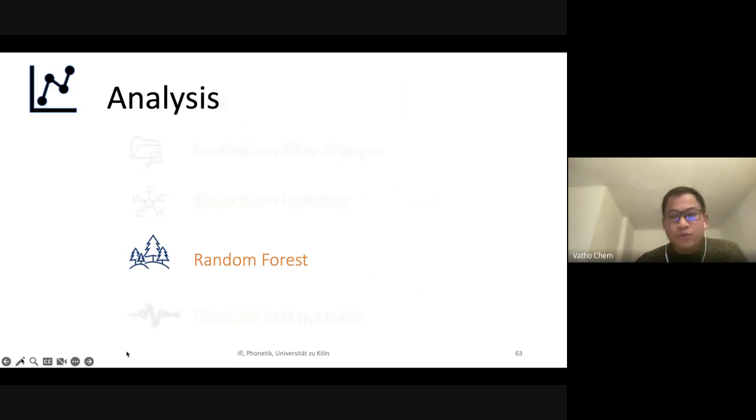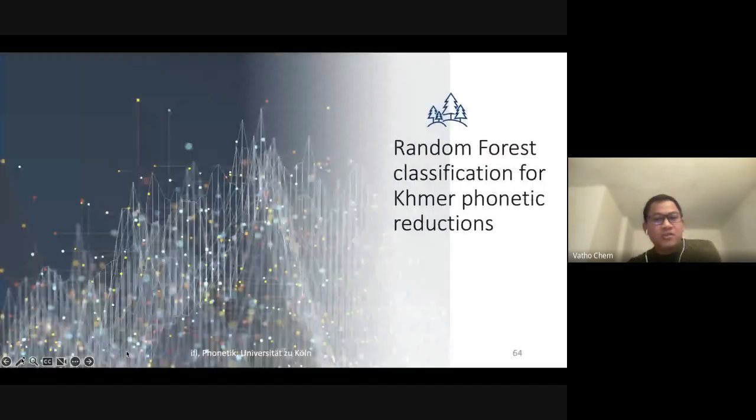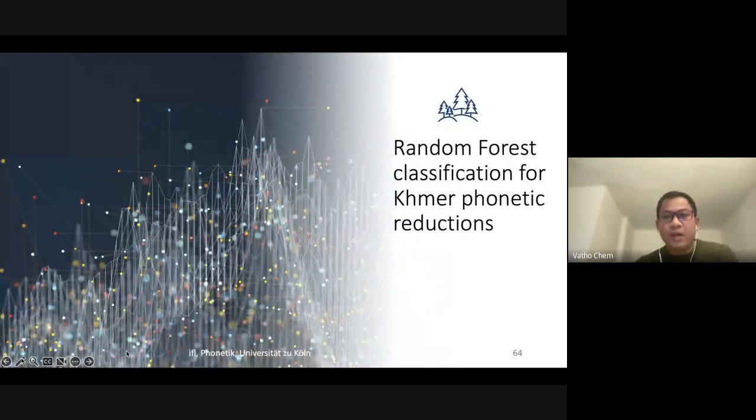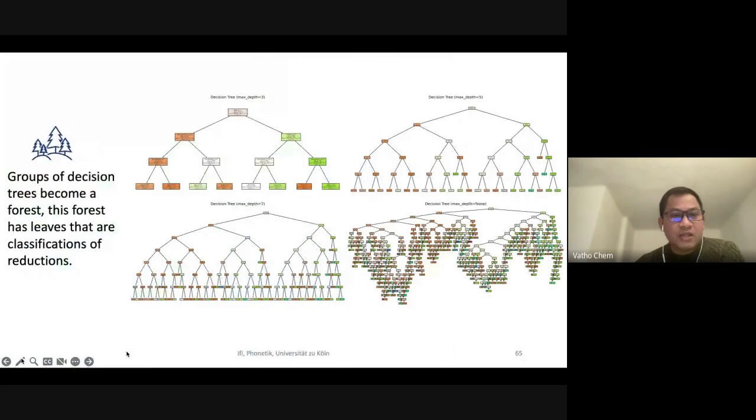So now we move to the important part of our talk today, random forest, as you can see here. So why do we use random forest for clustering phonetic reduction in Central Khmer? Because we think the decision tree produced by the random forest is close to the reduction phenomena, or how to classify the reduction phenomena in Central Khmer.